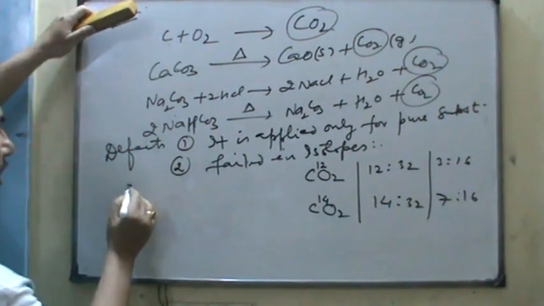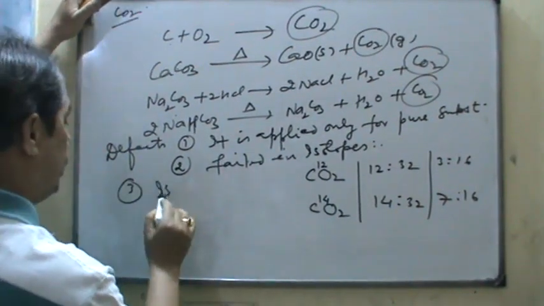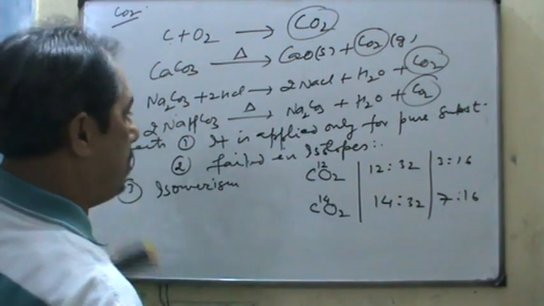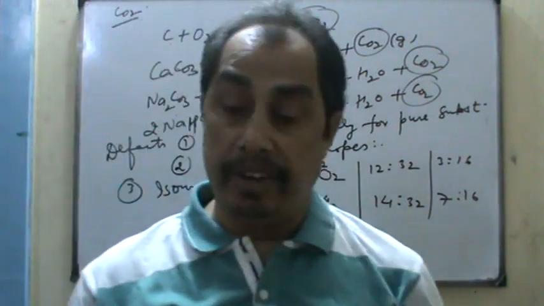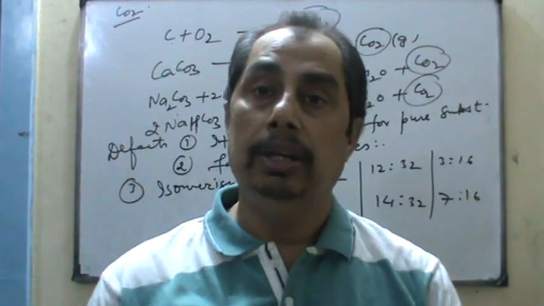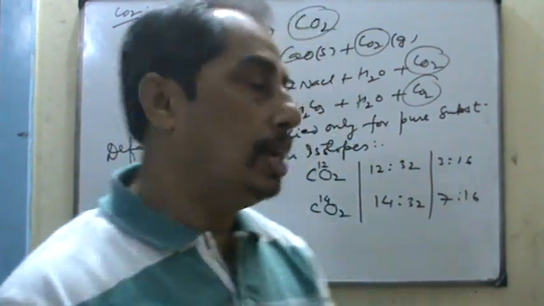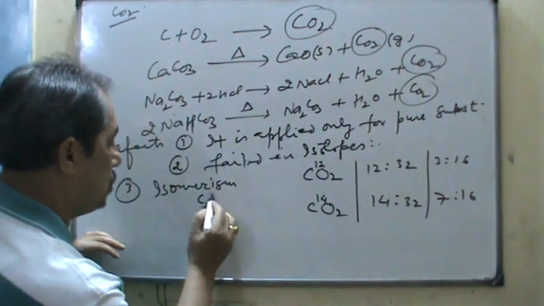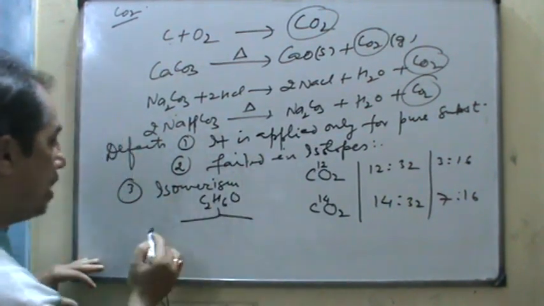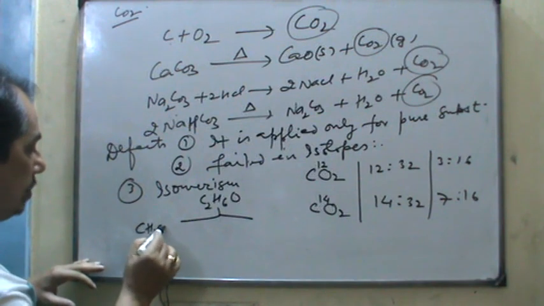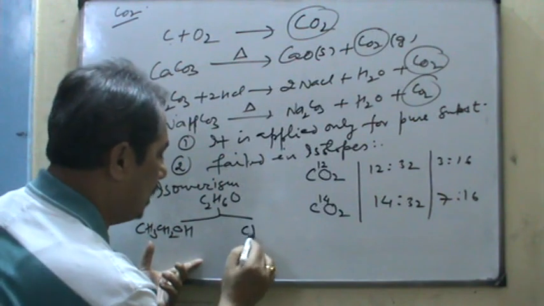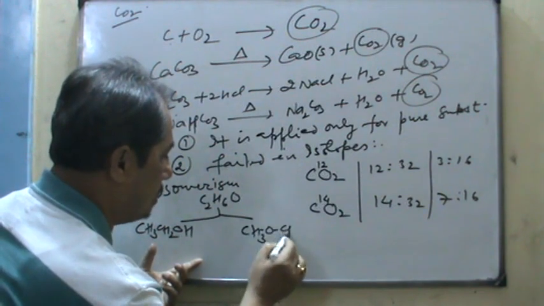The next drawback is isomerism. Compounds having the same molecular formula but different structural formulas with different physical and chemical properties are known as isomers. If I give you C2H6O, it has two compounds: CH3CH2OH, and second is CH3OCH3.